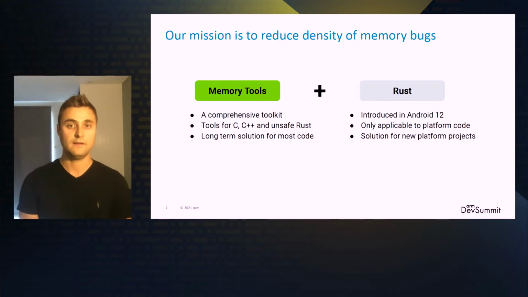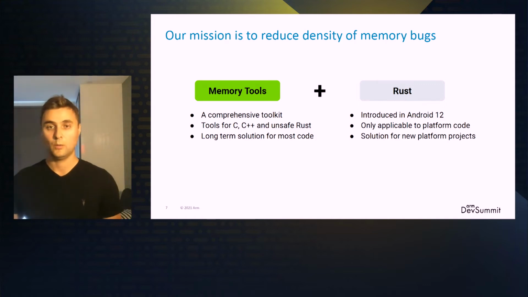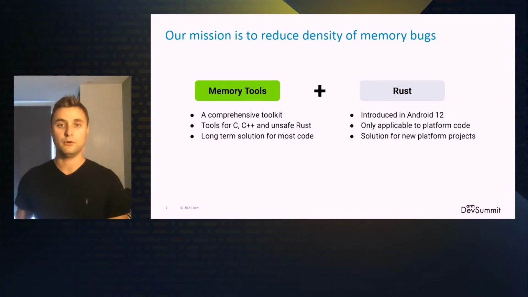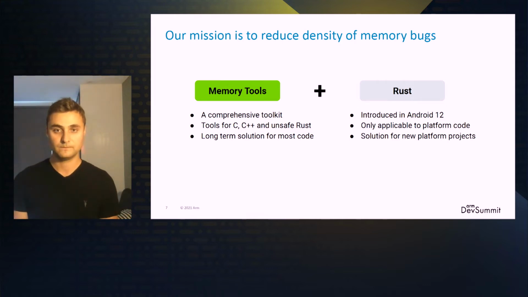I should mention that the vast majority of the code that is used in Android is written in C and C++, and for the foreseeable future, we don't think that those code bases will move to using this new language. Also, for the foreseeable future, we don't intend to extend the support for Rust to application developers. So for now, we encourage you to use the memory safety tools and to work alongside us on reducing the density of memory bugs in the Android code bases.